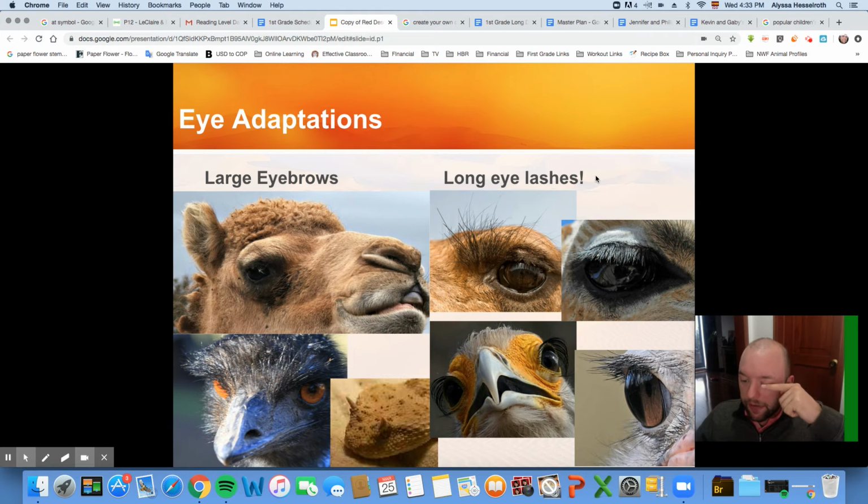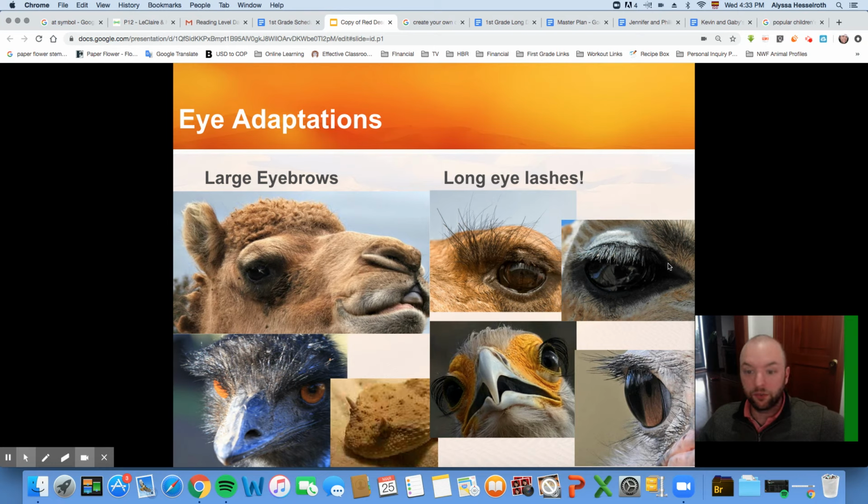So humans have eyelashes, but just a few, because we want to keep things out of our eyes. And as I said, with the hairy ears, there's dust and sand flying all over the place all the time in the desert, especially when it's windy. And so as you can see, the camel has 1, 2, 3 sets of eyelashes.